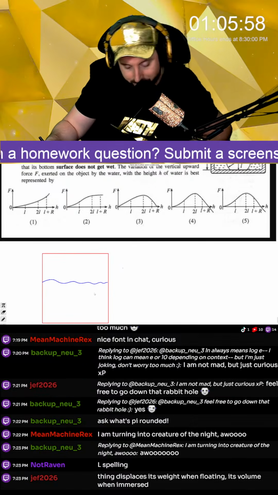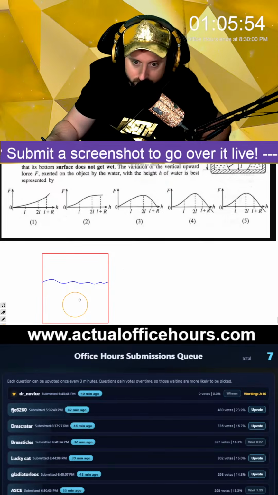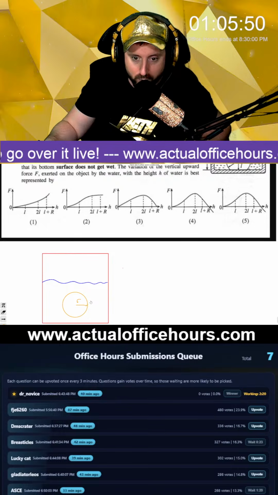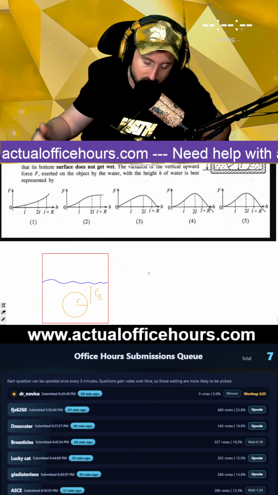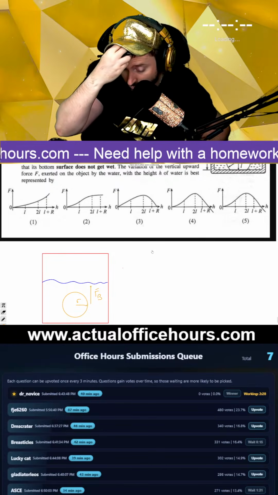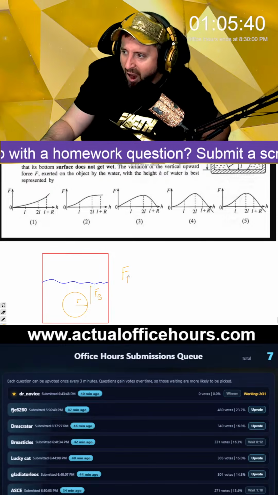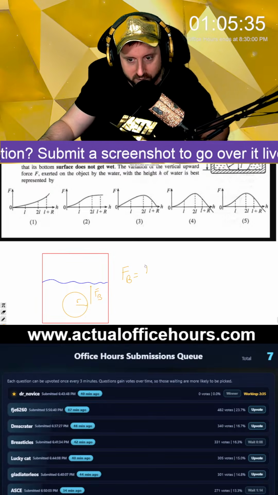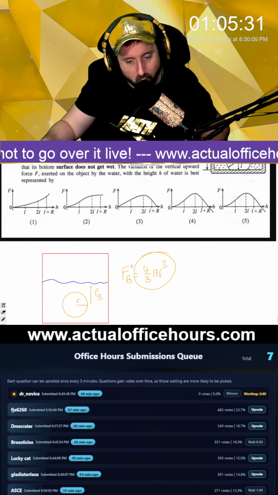So, if you have water here, and then let's say you have a sphere of some radius r, okay? The buoyant force that causes this thing to want to rise would be equal to the volume of water that it displaces. So that's 4/3 pi r cubed. That's the volume.